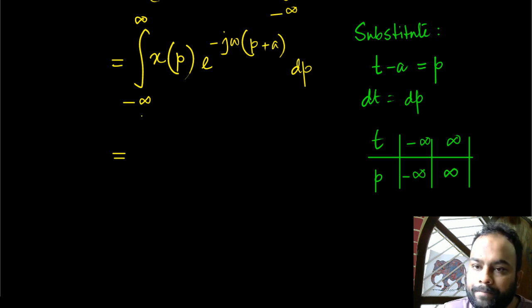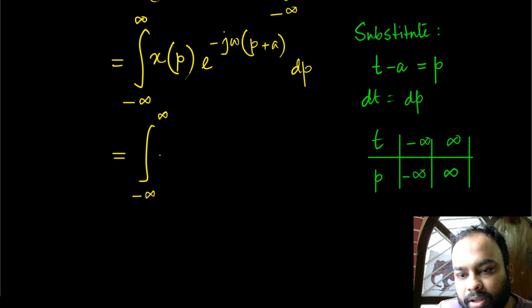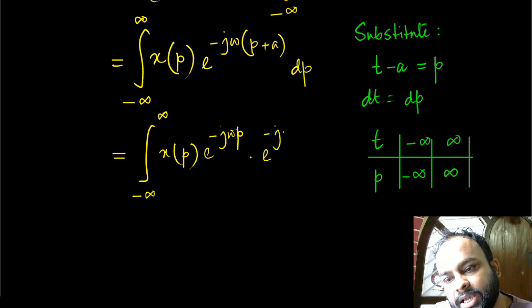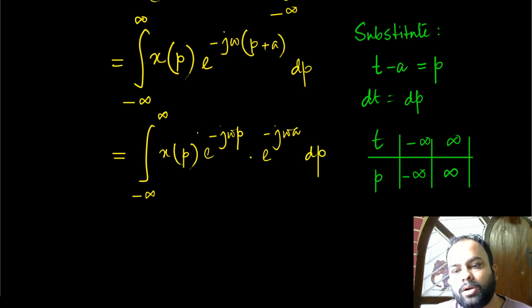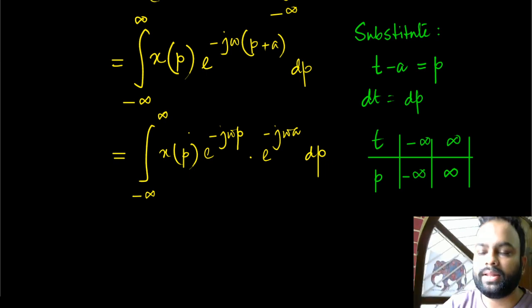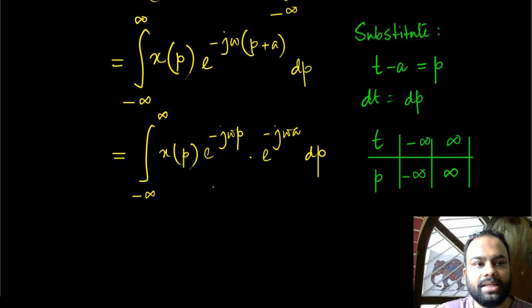So we have this integration from minus infinity to infinity of x(p) e to the power minus j omega p into e to the power minus j omega a dp. Now look at this integration closely. What is the variable in this integration? The variable is p, because that is what we are integrating with respect to.